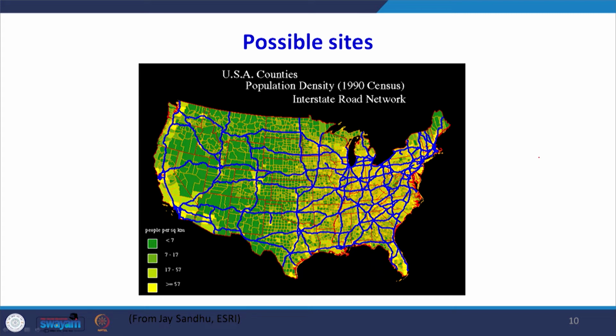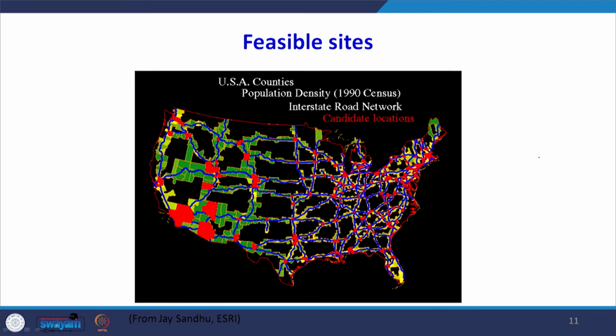So, road network is superimposed on the population data in order to see, number 1, which are the highly populated areas, number 2, which are those areas highly populated and connected by the road network, so that there is accessibility, people can go to the warehouse.